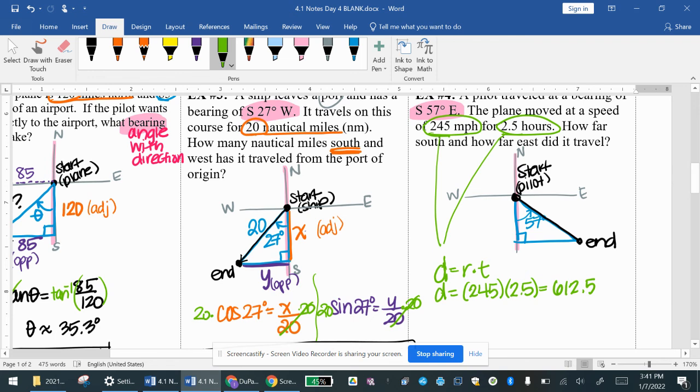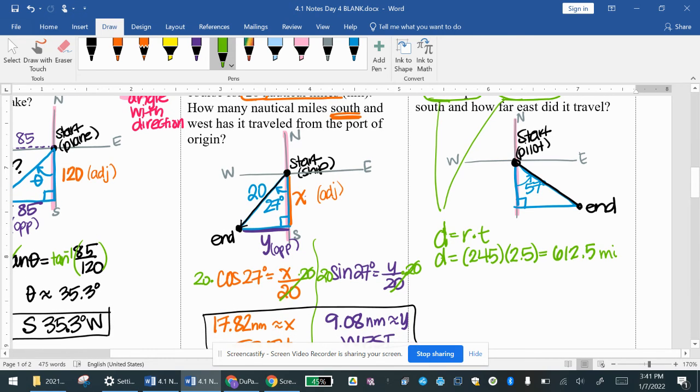Make sure that you understand that alone, the 245 and the 2.5 could not be plugged into any of the side lengths or angles of the triangle. And now I want you to think, okay, now that we know that together they make a distance of 612.5 miles, where would that go in your triangle? So pause the video and figure out where would that go in the triangle. Push play when you're ready.